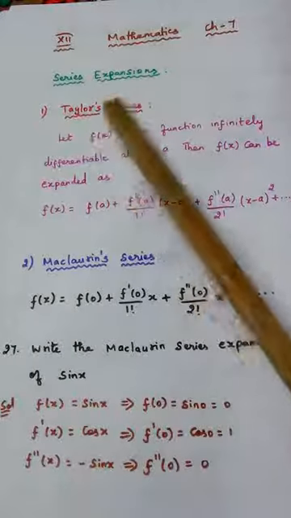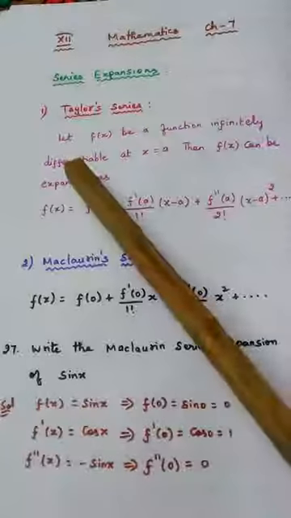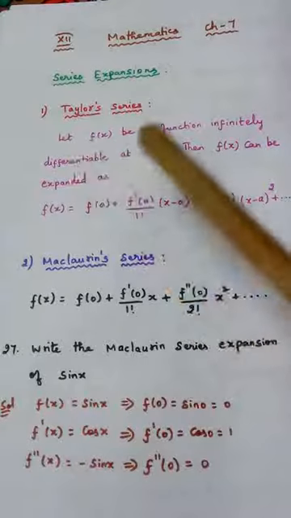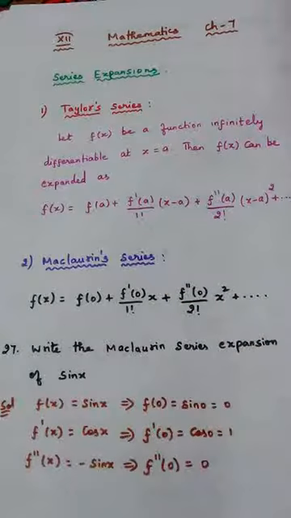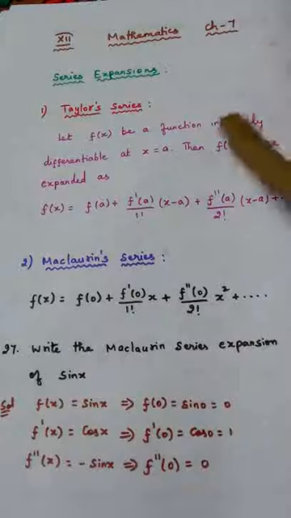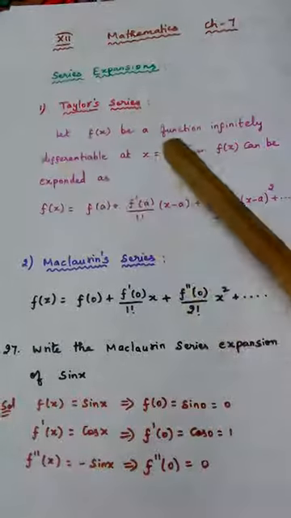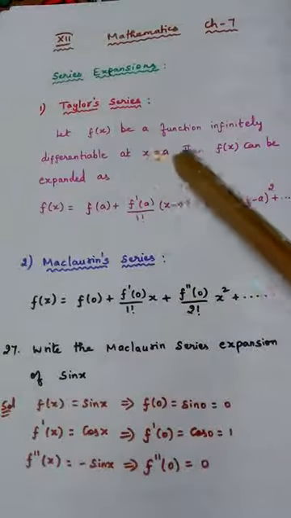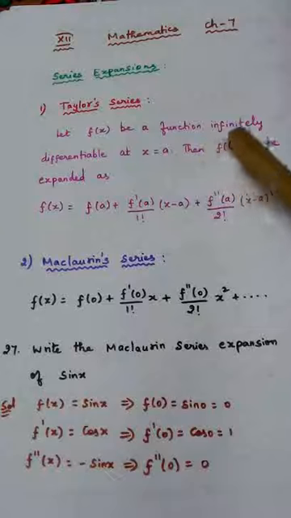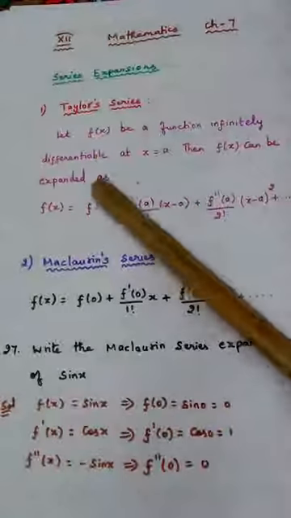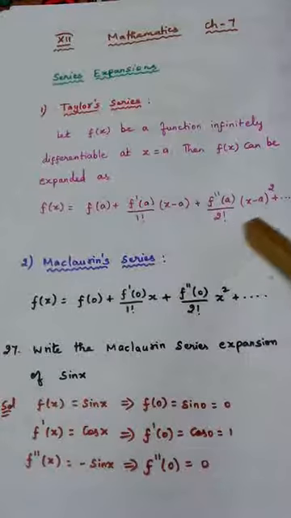I repeat, f of x is a function infinitely differentiable, means it can be differentiated many times. We can differentiate it any number of times. That is the meaning of infinitely differentiable. At where? At the point x is equal to a. Then that f of x can be expanded in this manner.